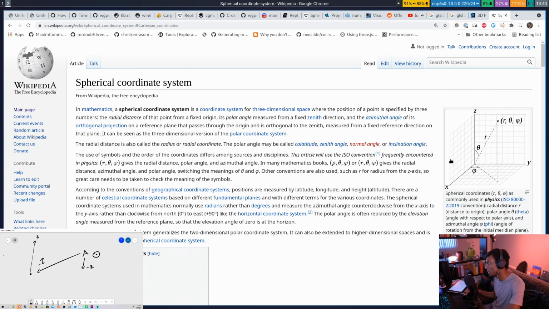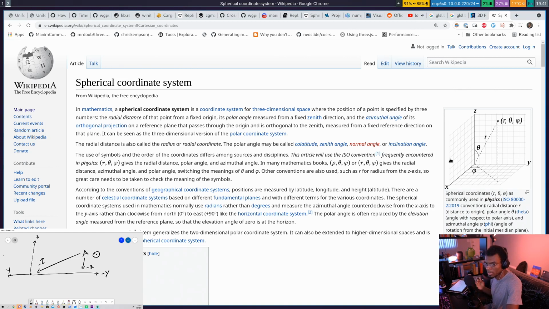Negative z, this would be the negative y-axis. And this would be the positive y-axis.